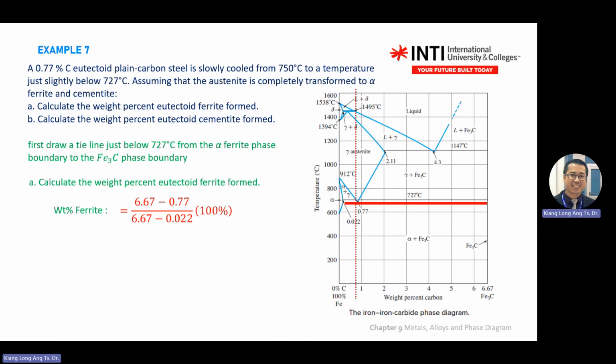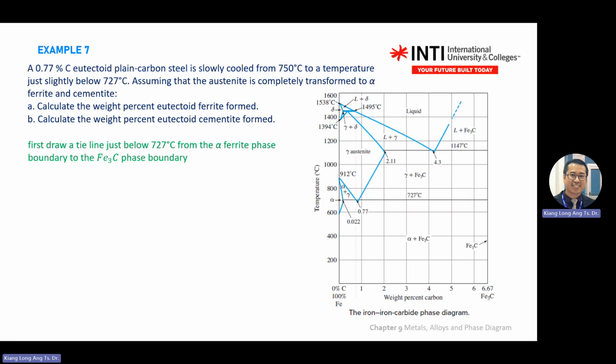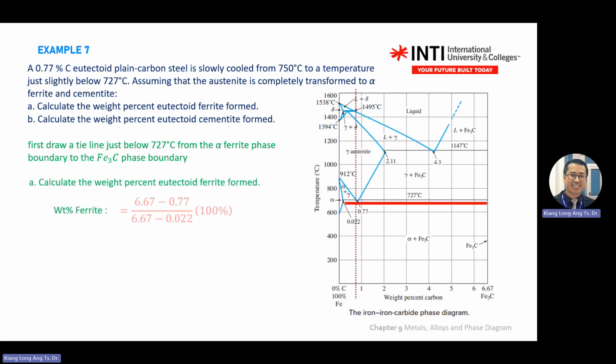That is the amount of solubility in the cementite. So the percentage of ferrite, alpha, will be, you take the maximum point to this point. So 6.67, and this will be 0.022, do not mistake. The total length is 6.67 minus 0.022. You are calculating for the right side with this point, so you are taking this length.